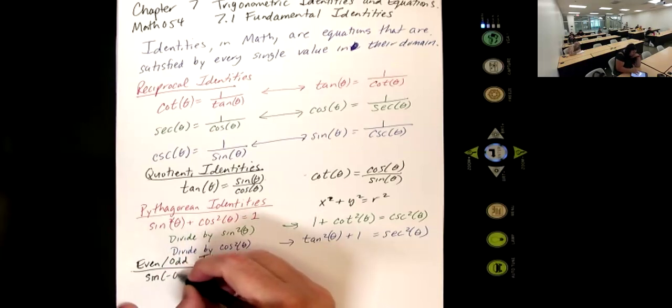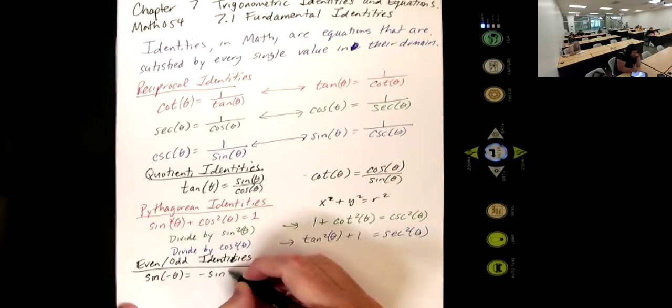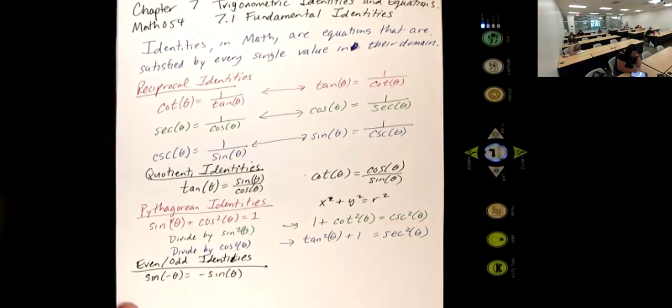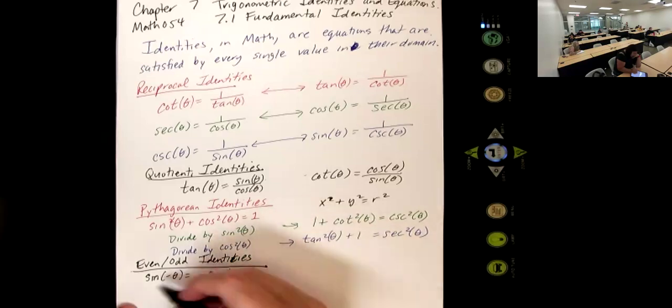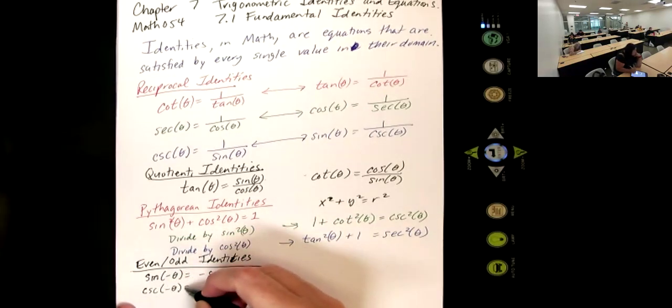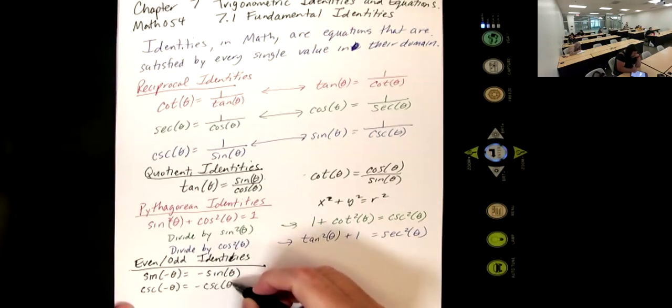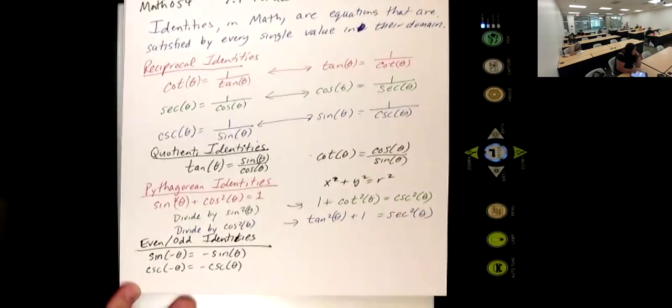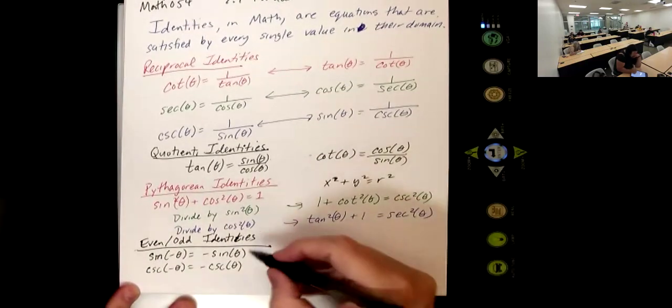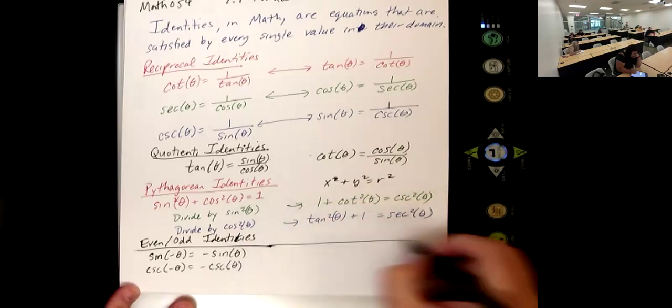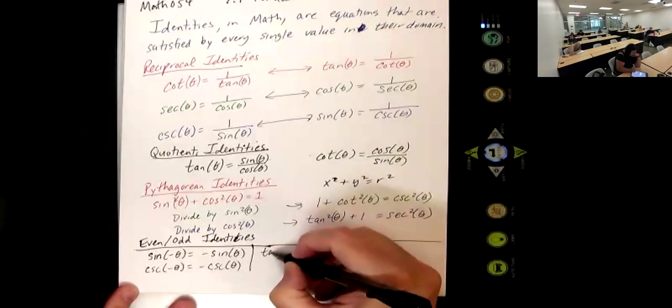Sine of negative theta is negative sine theta. It's odd. And that means cosecant's in the same boat. Tangent and cotangent are also odd.